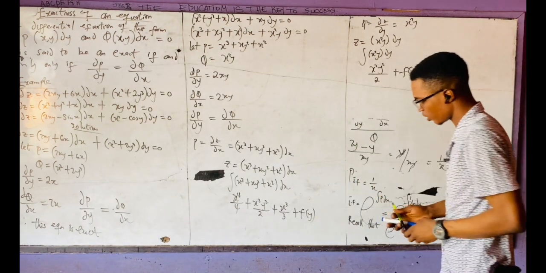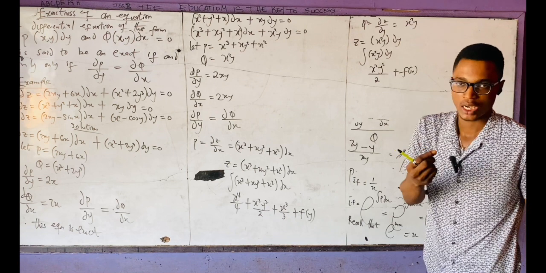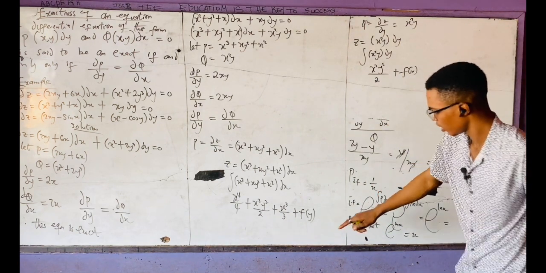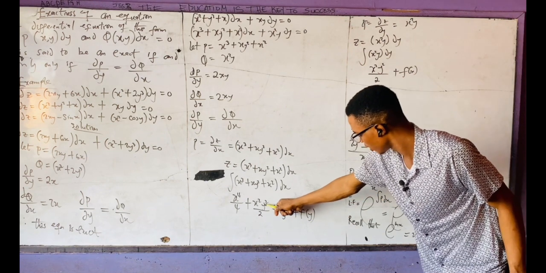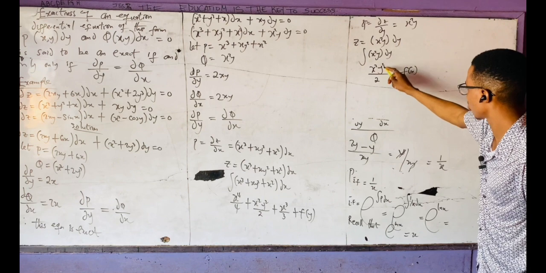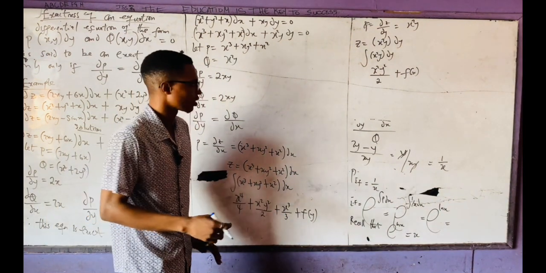Looking at this expression, we have a particular term that is common to both. Here we have x squared y squared over 2, and here we have x squared y squared over 2. The next thing to do is to compare the two answers.